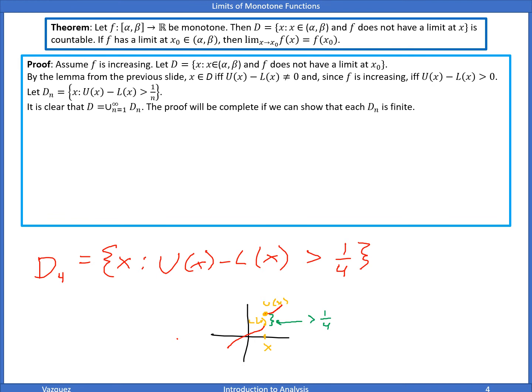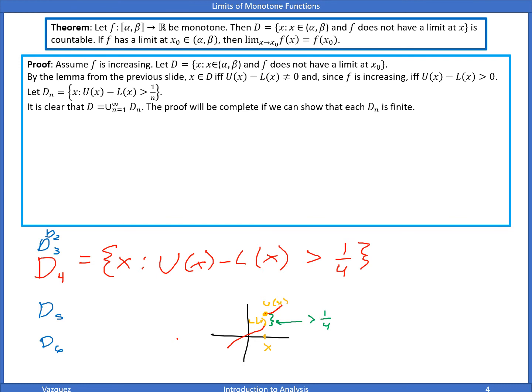Well, then x would be a member of D4. Similarly for D5, D6, and so on and so forth, also D3, D2, and D1. That's what that set is doing.